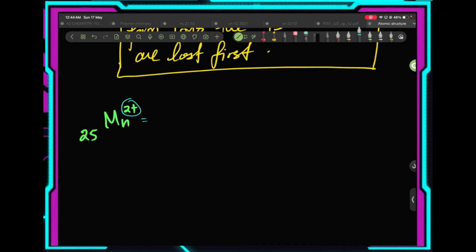How many electrons would a neutral manganese atom have? 25. So 1s2, 2s2, 2p6, 3s2, 3p6, and then 4s2, and then how many 3d electrons? 3d5 electrons, right?